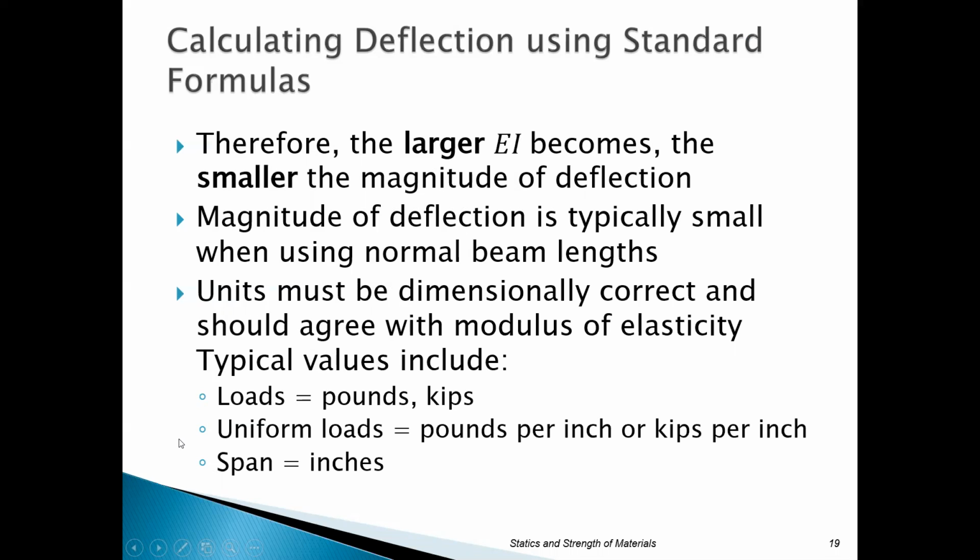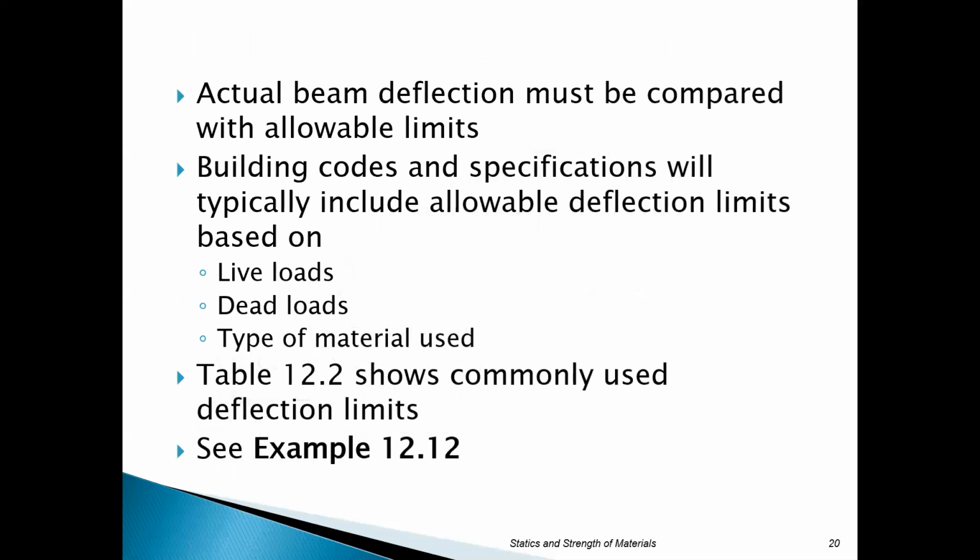If you've got uniform loads, you're going to probably want to put those in pounds per inch or kips per inch. And your spans are probably going to be given to you in feet, but you're going to want to convert those to inches. By doing that, everything that you get into those equations will be correct. And then usually your deflection will be in inches. Okay, so those would be the main things we're looking at there.